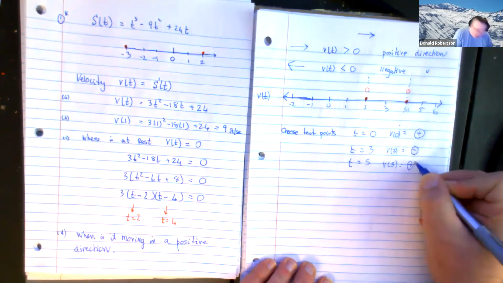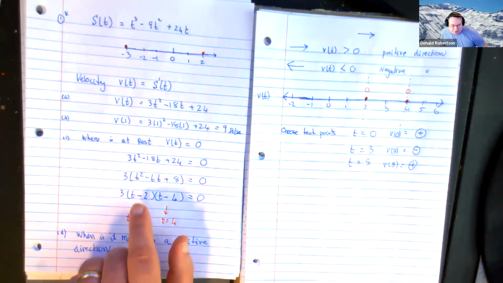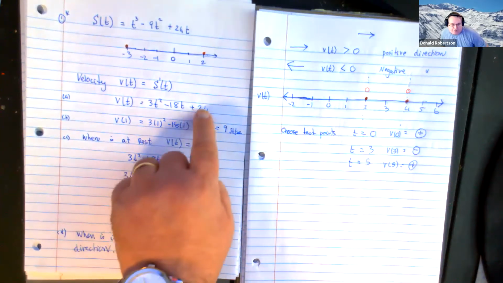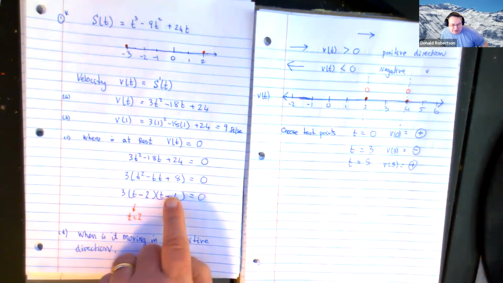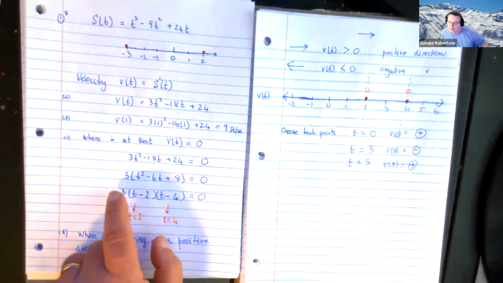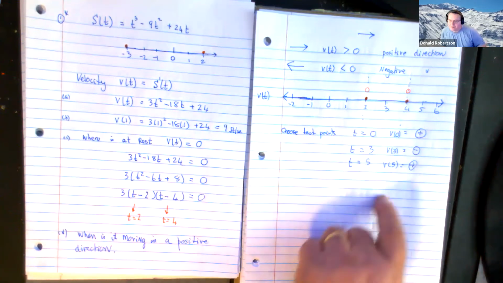Everybody is positive. Do you get what I'm saying? Because I'm doing this in my head. I'm basically just using the factored version of the velocity function. I'm plugging in the number here and here, and I'm just figuring out if this bit is positive or negative, and then plus times minus times plus combinations tell me that.